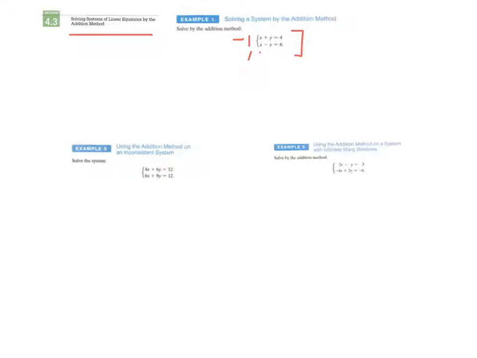So I change the sign because there's ones, and when I multiply negative 1 times x, I get negative 1x. Negative 1 times y is a negative 1y, and negative 1 times 4 gives me a negative 4. And then when I multiply 1 times everything, I'm going to get 1x on the bottom, minus 1y, plus 6. Now I'm going to add.